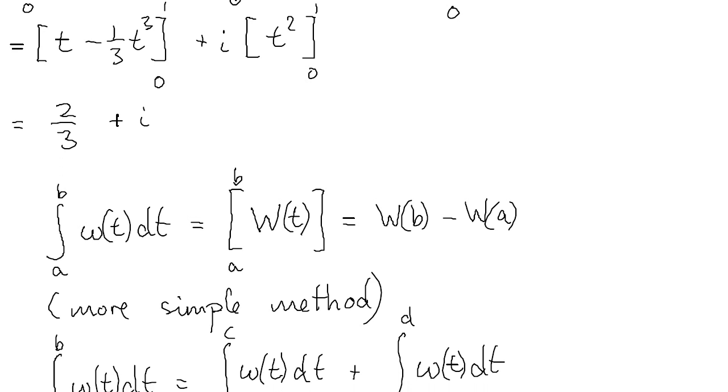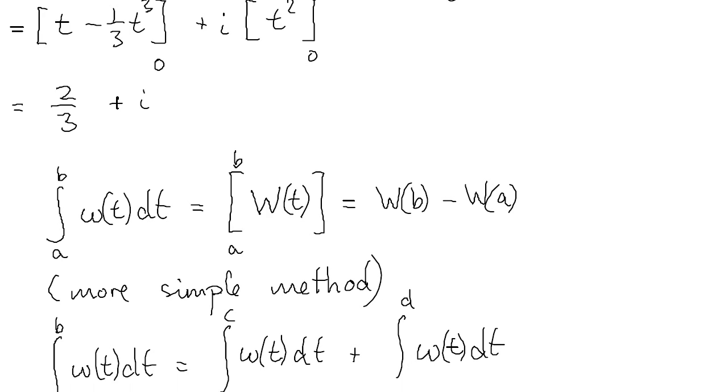Well, we could have used a much simpler method to find this integral. In fact, we are not going to prove it, but it's possible to show that finding this integral from a to b is just the same as first finding the antiderivative of this function and inserting these two limits.